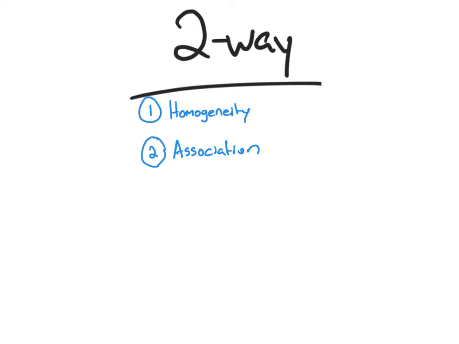Test for homogeneity, a test for association. Well, how do I know which one is which? It's really going to come down to what they are. So homogeneity, if I just had no idea, it's testing to see are multiple groups producing the same proportions.